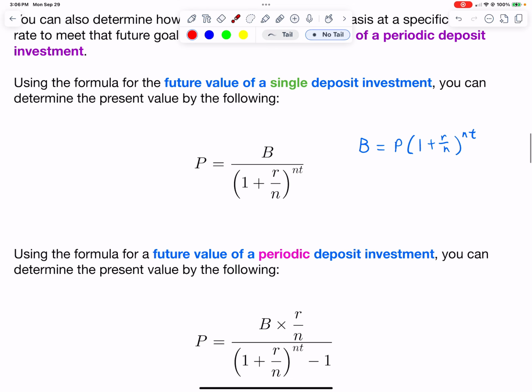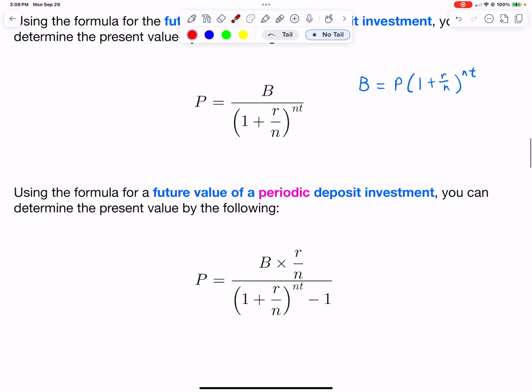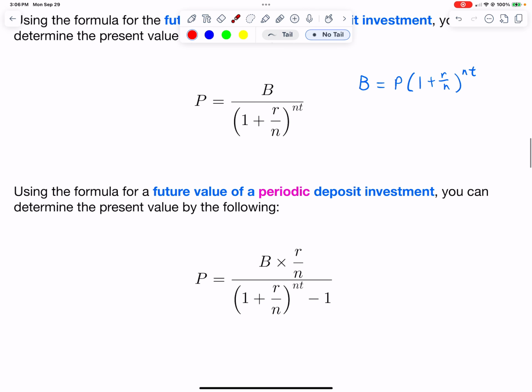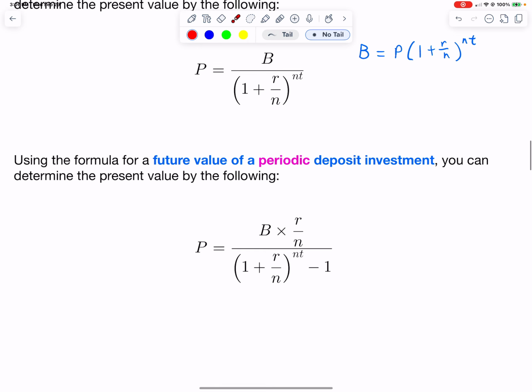Now, we could also use the formula for a future value of a periodic deposit investment by the following formula.